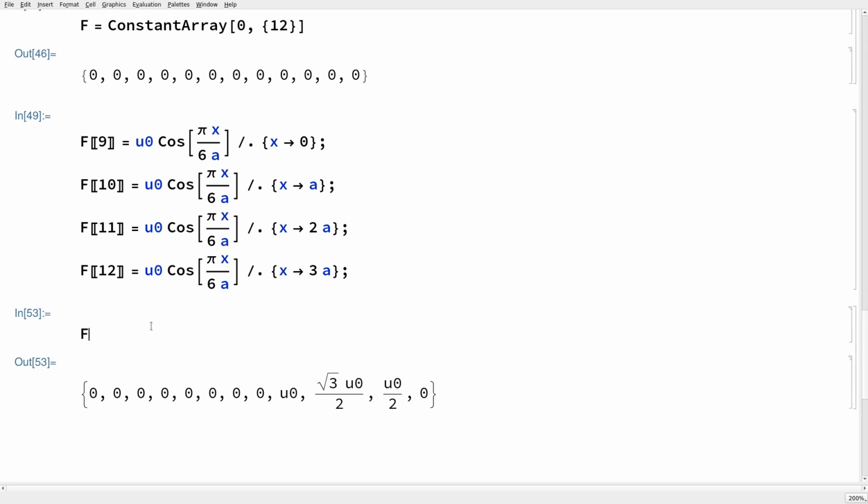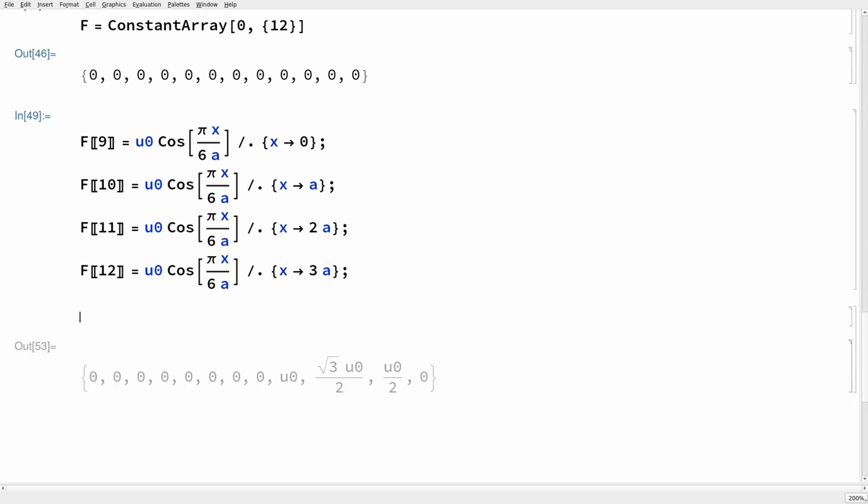But I do need to make my stiffness matrix not singular, right? Basically apply the boundary conditions. So in that case, there's a little trick I'm going to use. I'm going to use a sparse array.